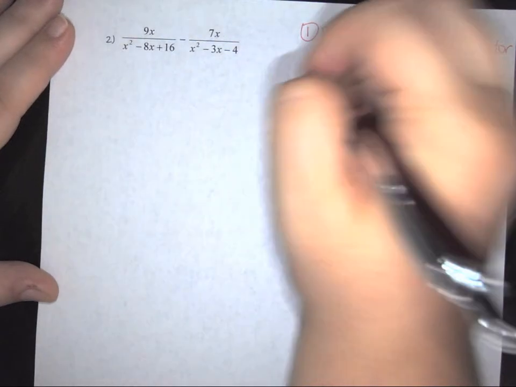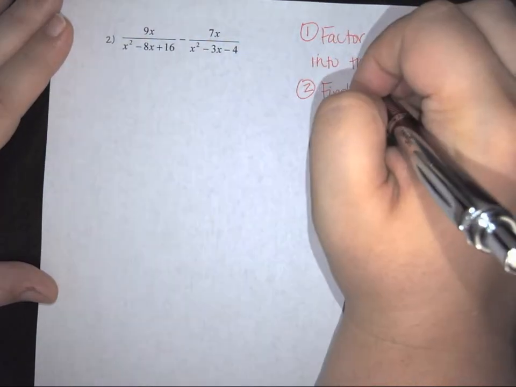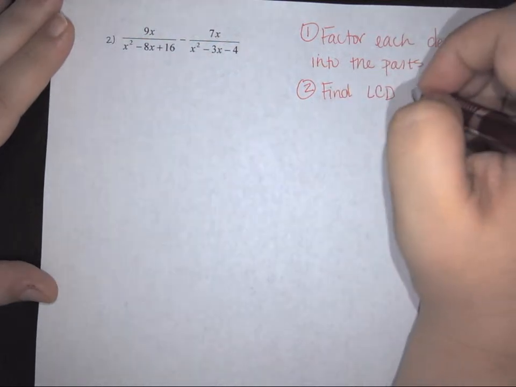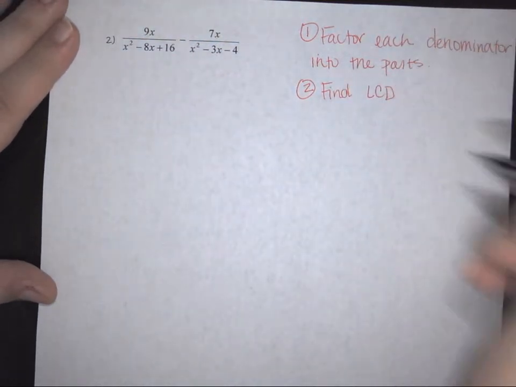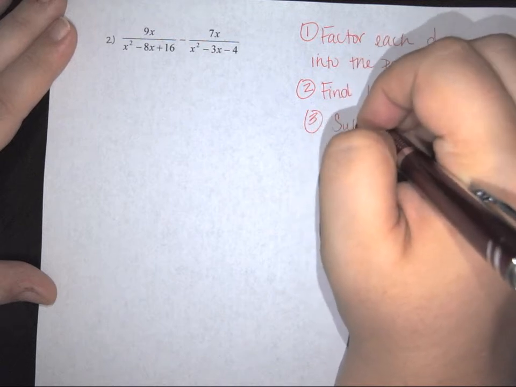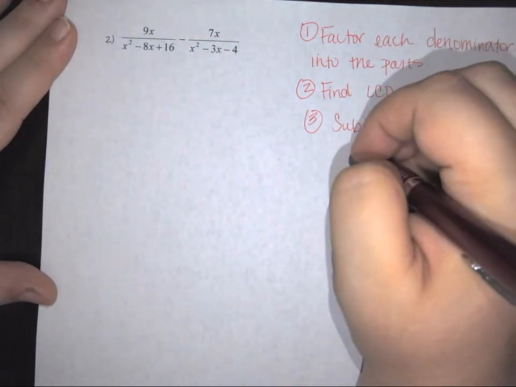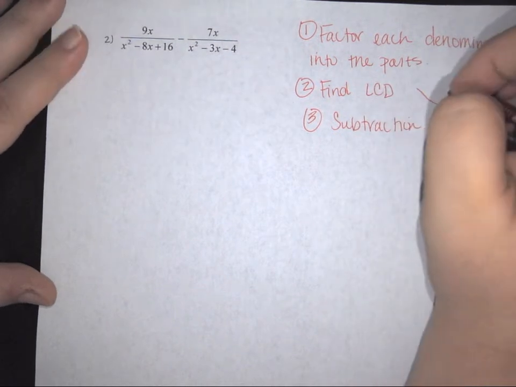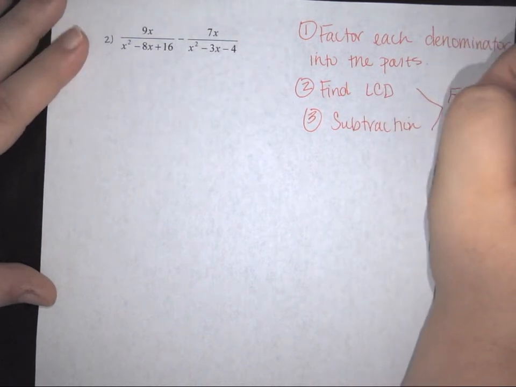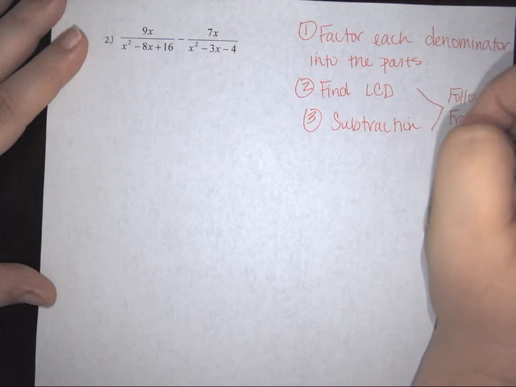The second thing you need to do is find your lowest common denominator. And then the third thing you need to do is go ahead and do your subtraction. And by that, what we mean is here we are essentially following your fraction rules.